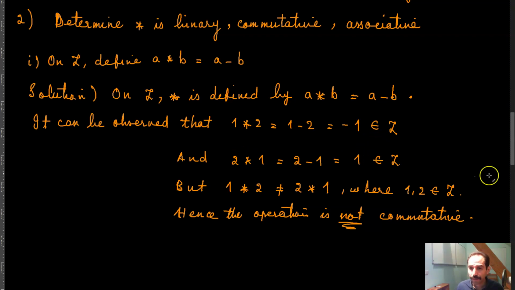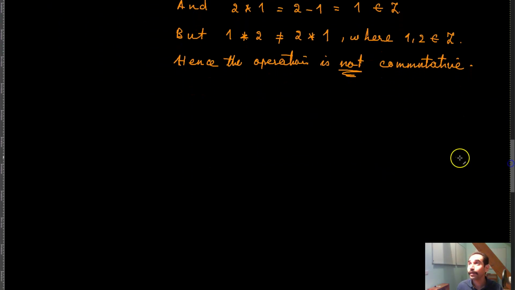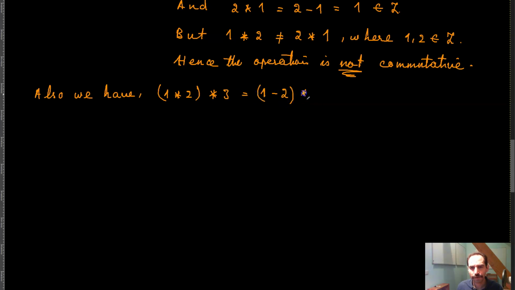Now about being associative, we have 1 star 2 star 3, which is equal to (1 minus 2) star 3, which is equal to negative 1 star 3, which is equal to negative 1 minus 3, which is equal to negative 4.